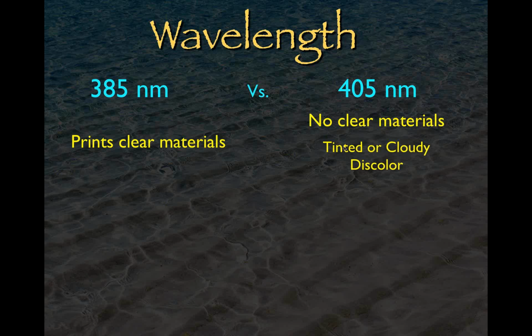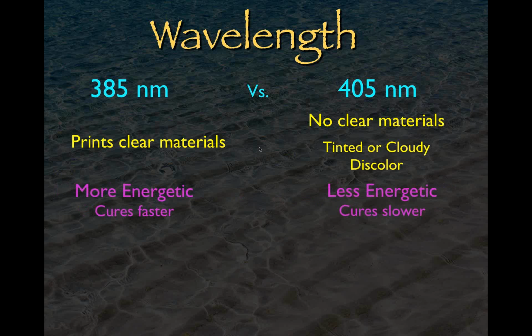They'll either be slightly tinted, like a blue or a pink or an orange color, and they tend to discolor a little bit or become cloudy if they're, let's say, put into an autoclave and heated or just sitting around over time. Is this important? I don't know, but it's something to be aware of for what you're going to be using your printer for.